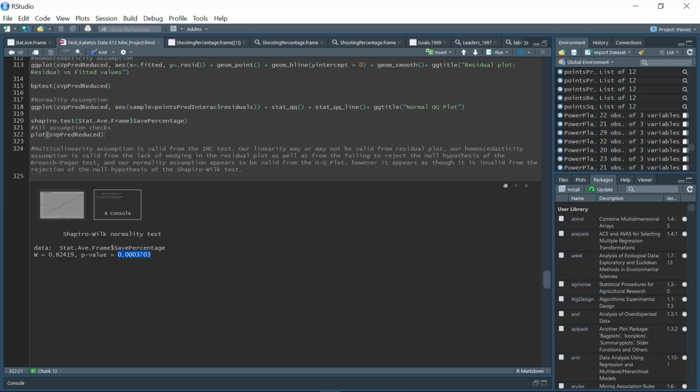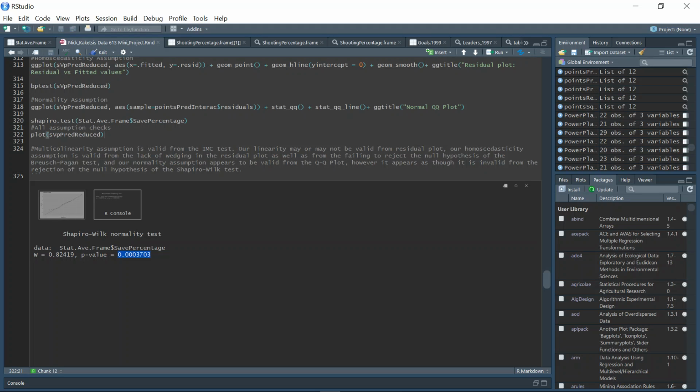That can sometimes be a killer for your model, but other times it's not the worst. So I'm going to try some transformations to normalize this data, and we'll see how this goes.